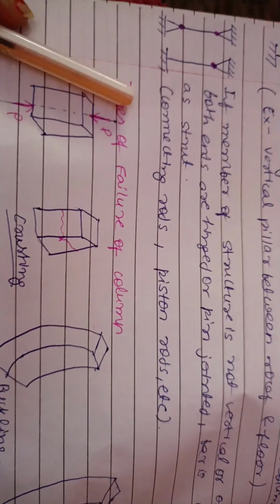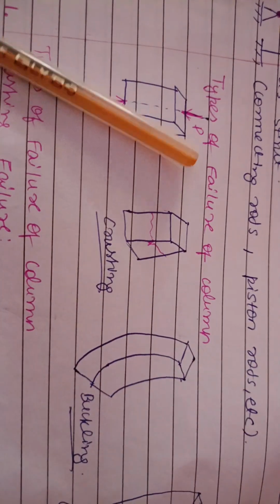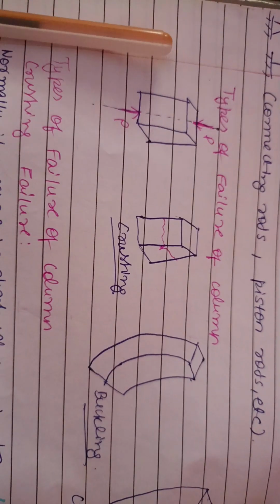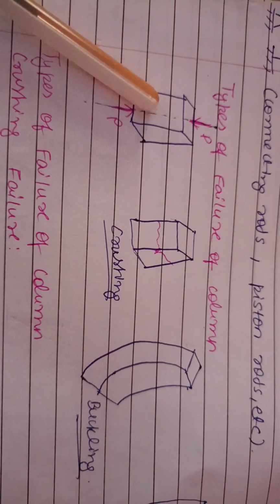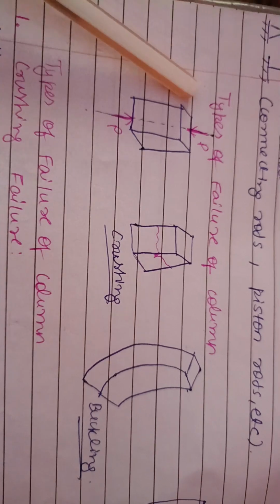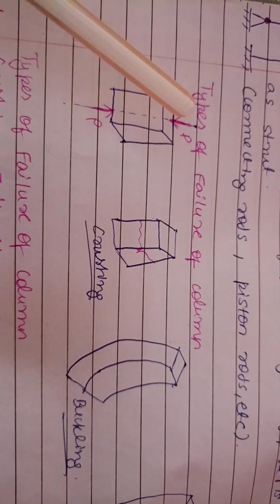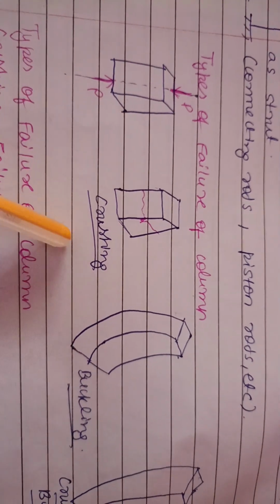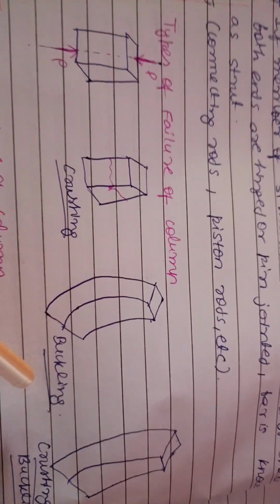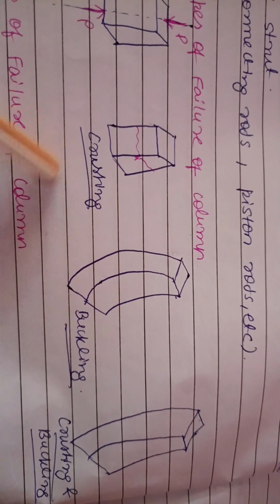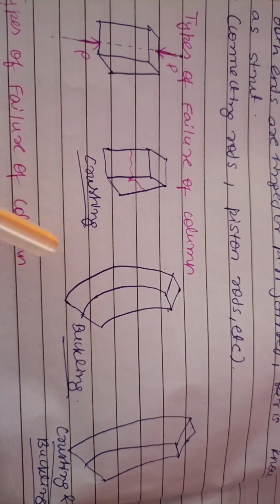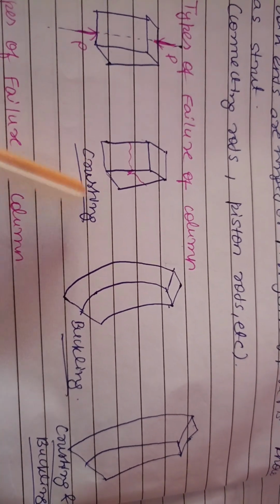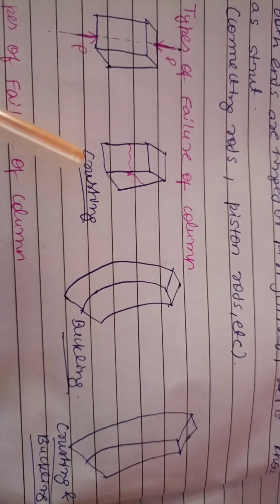Now let us see types of failure of column. This is a simple cuboid which is subjected to load or force P. Now crushing and buckling are the types of failures which occur within a column.